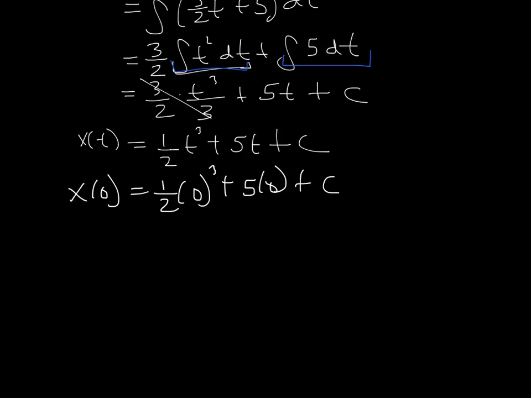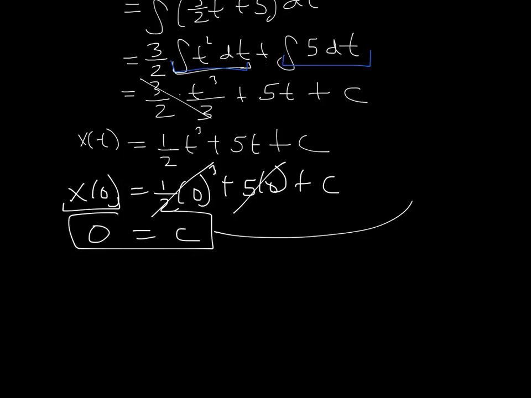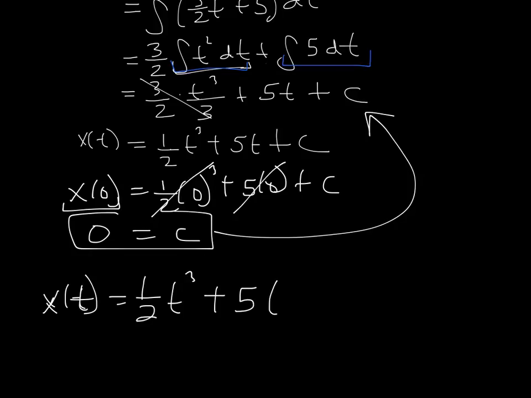But again, that's going to be 0 and 0. X of 0 is 0. So, I mean, c is 0, so we're adding really nothing. So our position function is 1/2 t cubed plus 5t, right? You don't have to add the 0. And that is pretty much it.